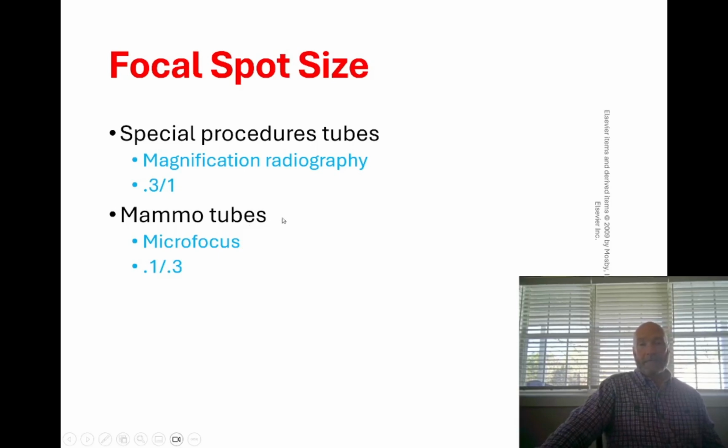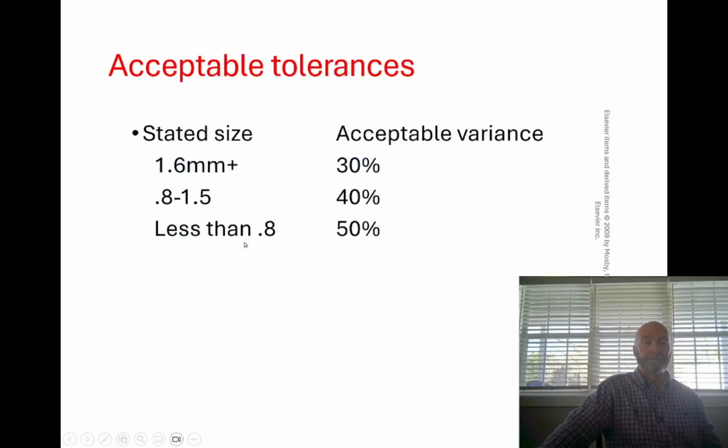You don't want to increase SID in magnification radiography. So in mammo, what we're looking for are tiny pieces of calcium inside of breast tissue. So in order to visualize those, what we need is a very, very small focal spot. So that's what we're going to refer to as microfocus X-ray tube.